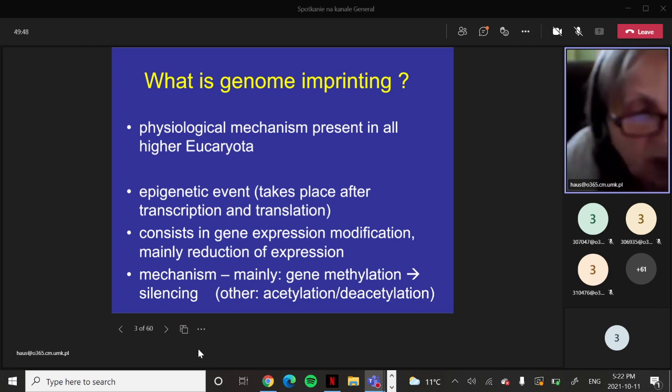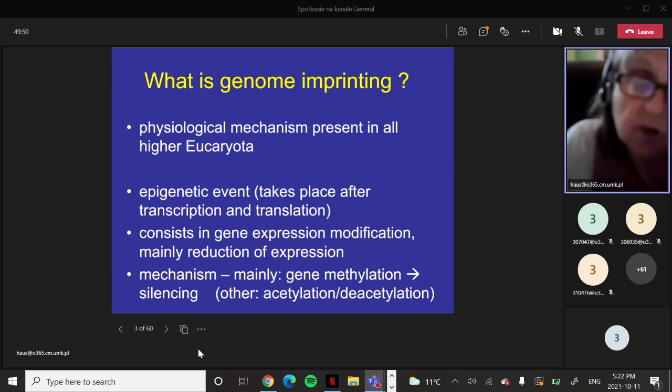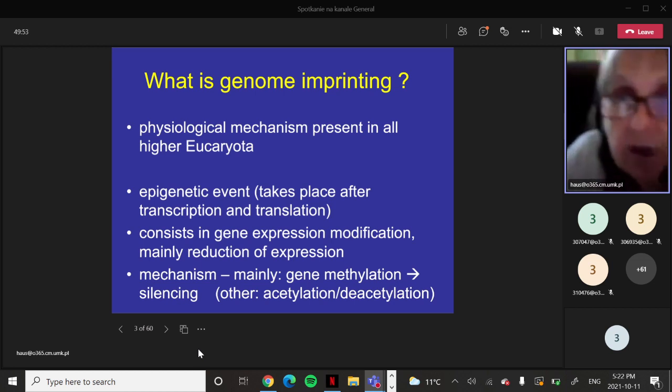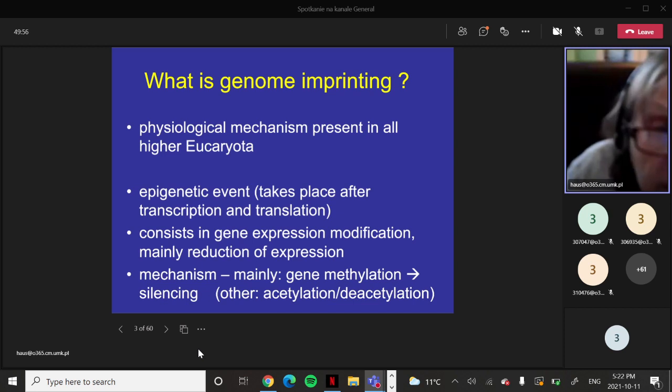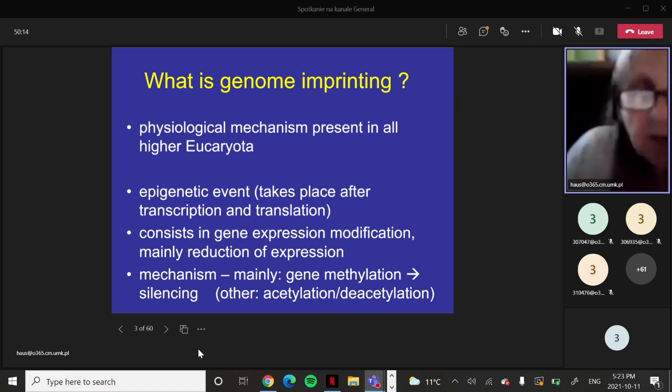It is an epigenetic event, so it does not consist in changes of the genetic code. It takes place after transcription and translation. It only changes the expression of genes by, for example, blocking some particles in the DNA of these genes.